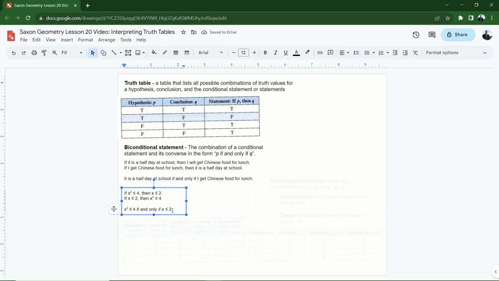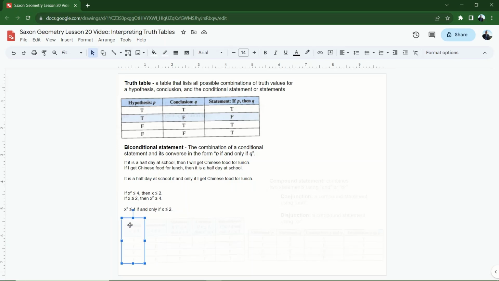It shouldn't matter, actually, but just to be proper, it should be styled like the original. X squared is less than or equal to 4 if and only if x is less than or equal to 2. This statement puts the original statement together with its converse. However, because I know the converse is false, this is a false biconditional statement.